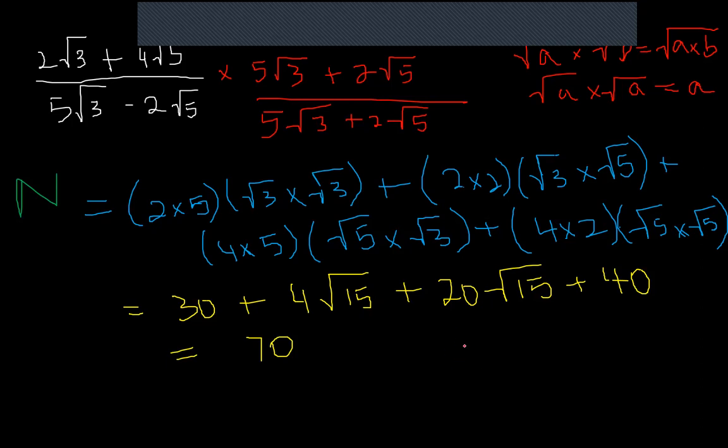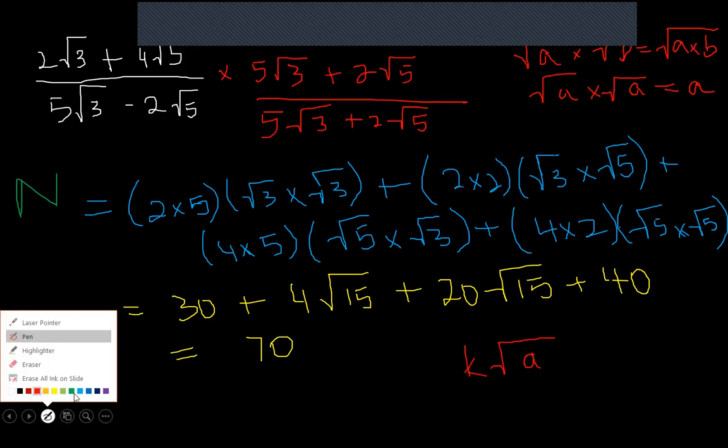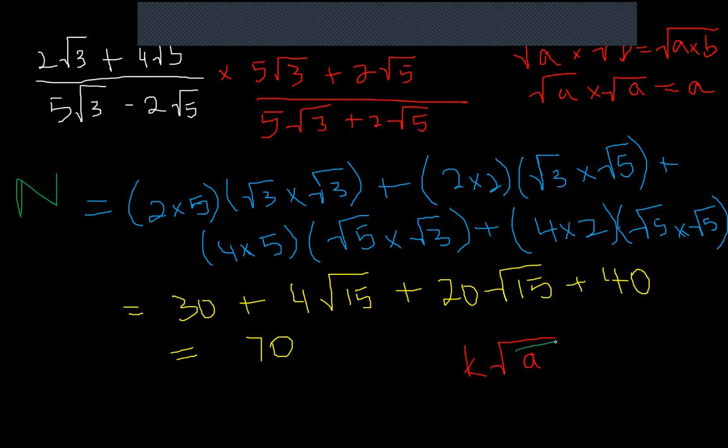What is a radicand? So this is what the simplest form of a surd would look like. K is just a constant, and A, the radicand, is this right here. So whatever number you see under the square root symbol, that's called my radicand.